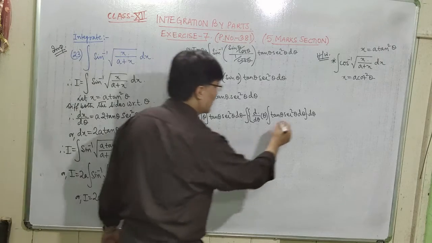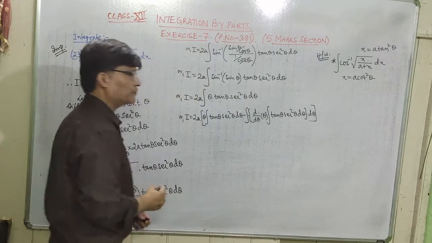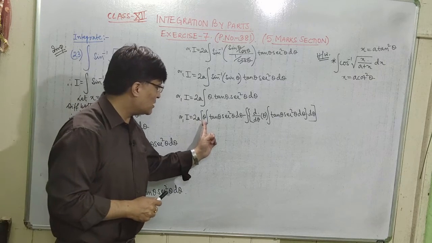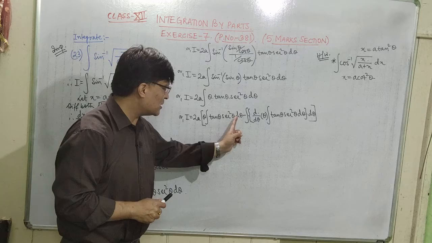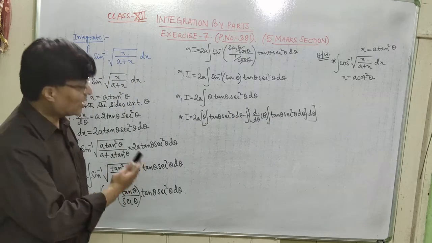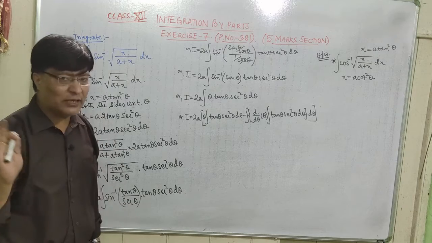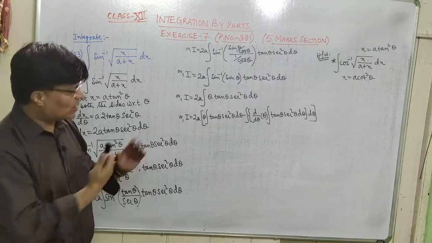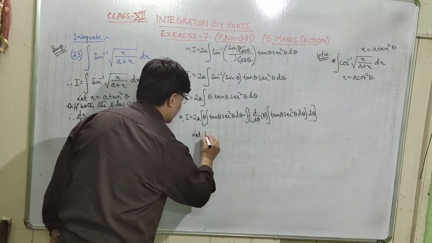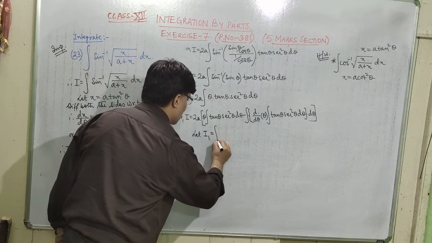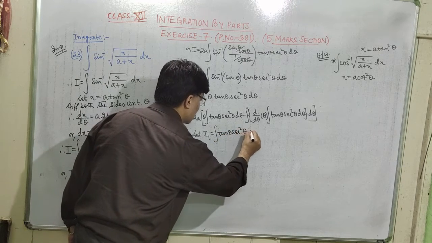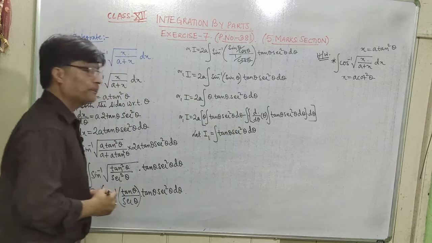Then again third bracket is closed. But you have to evaluate this integration of tan theta sec square theta d theta. You cannot evaluate it directly, so let us take it outside. Let us take it as I1, so I1 is equal to integration of tan theta sec square theta d theta.